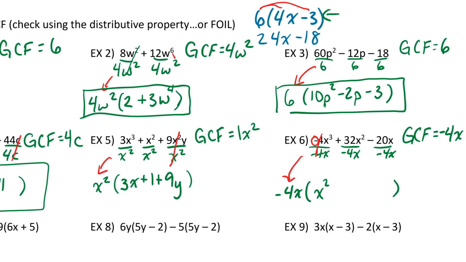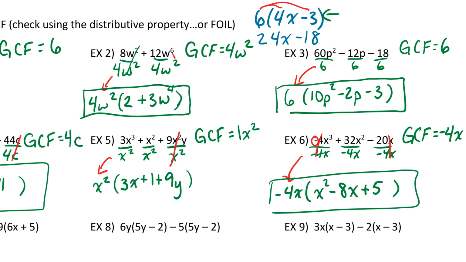For the second one, 32 divided by negative 4 is going to be negative 8, and x squared divided by x will just be x. Then negative 20 divided by negative 4 will be positive 5. X over x cancels out, so we don't have any x's left over. That would be our answer.